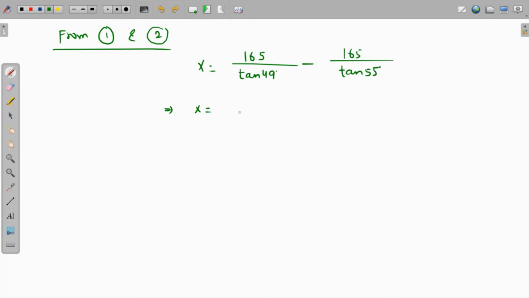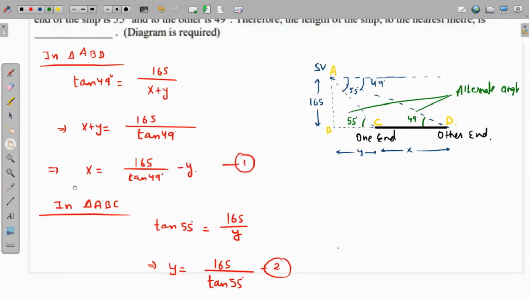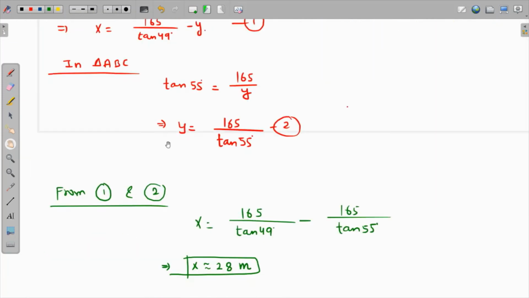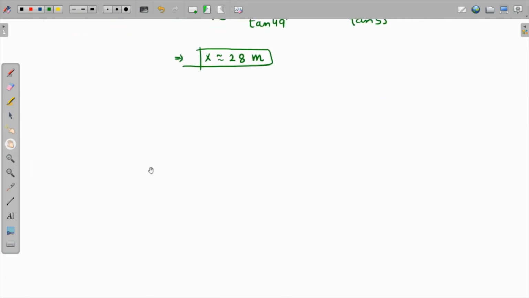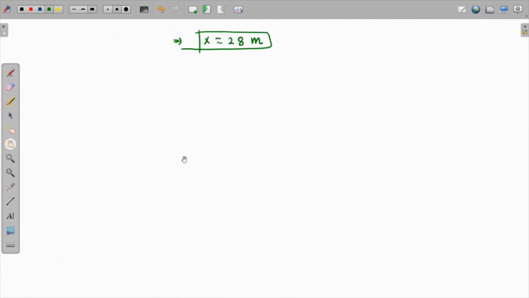Make sure your calculator is in degree mode, of course. So to the nearest meter, that is 28 meters. The unit is meters. I just want to make sure of that, so let me go back up. Yes, 165 is in meters, so definitely x is also in meters. Thank you.